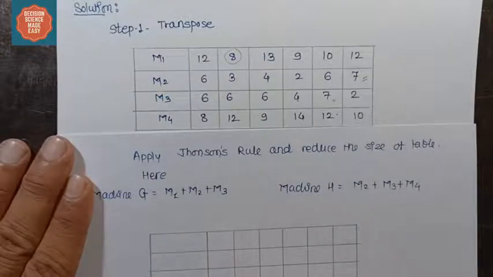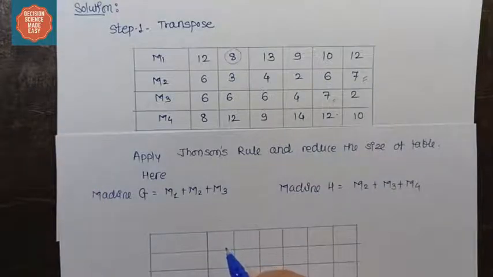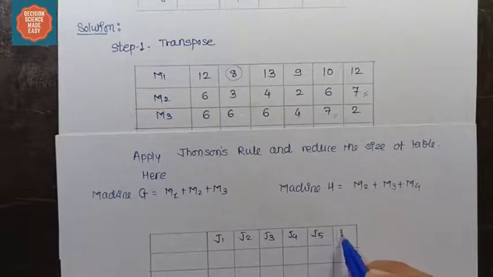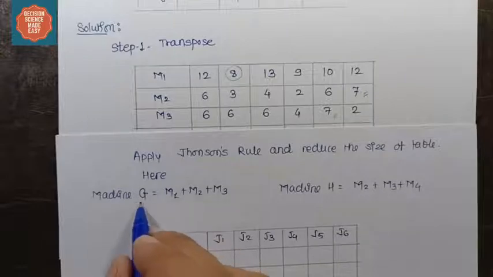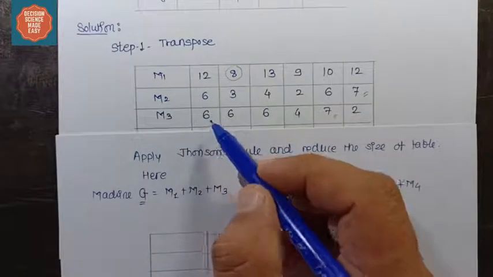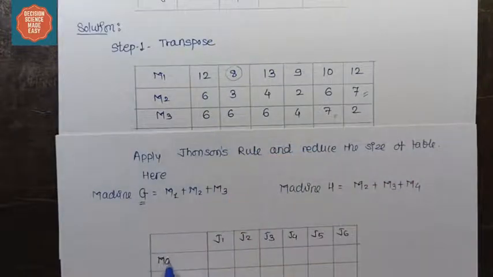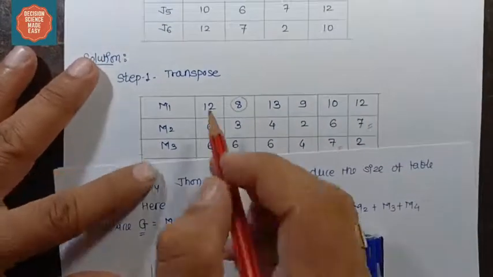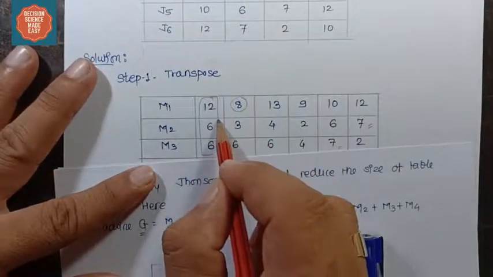I'll have jobs J1, J2, J3, J4, J5 and J6. These are the number of jobs, and this is my machine G. G is nothing but the values of M1 plus M2 plus M3. And this is my machine H. What I'm doing is cumulatively summing up these values and writing them down.